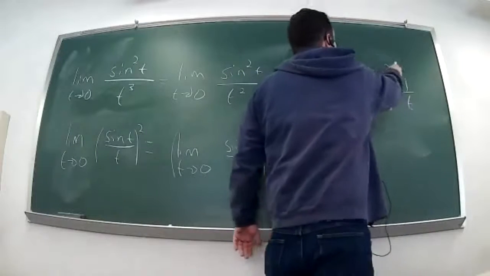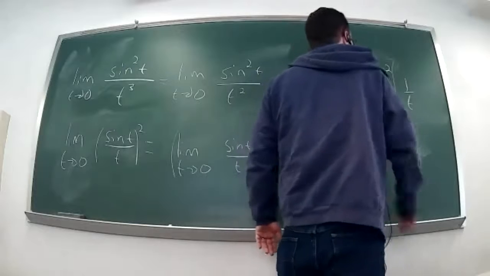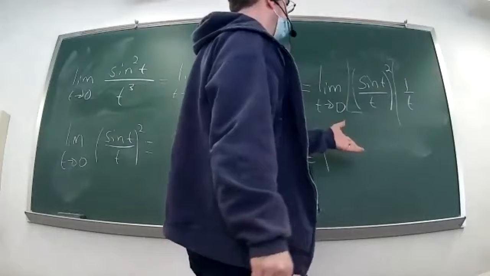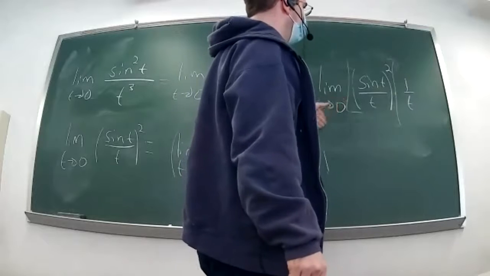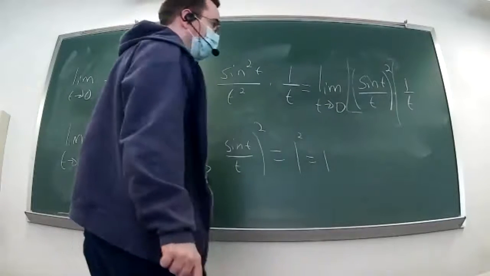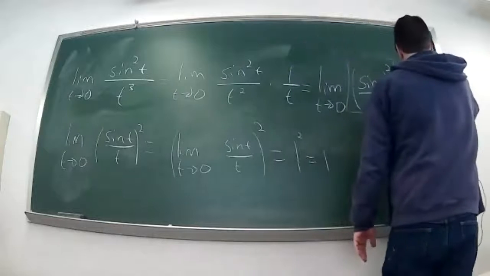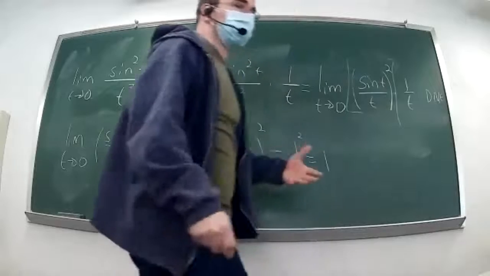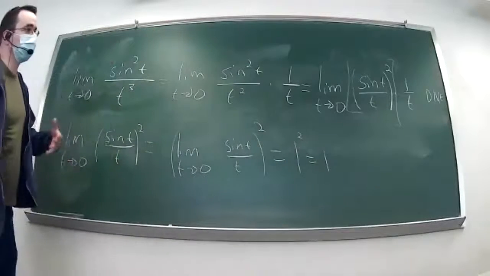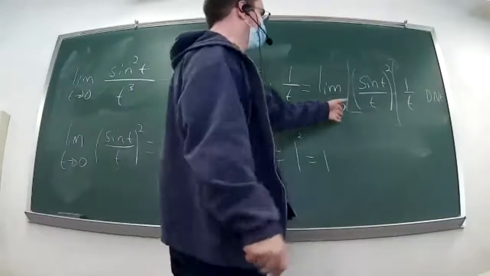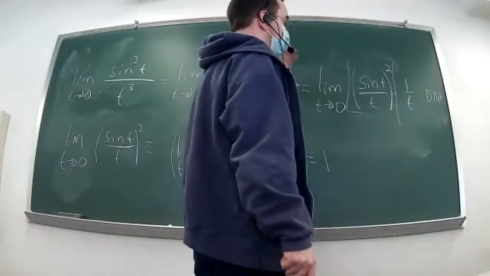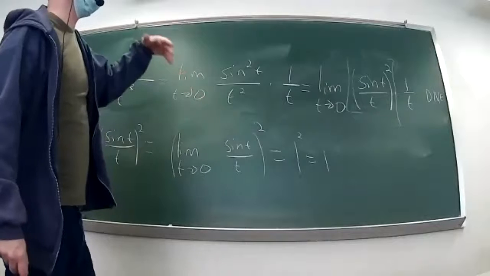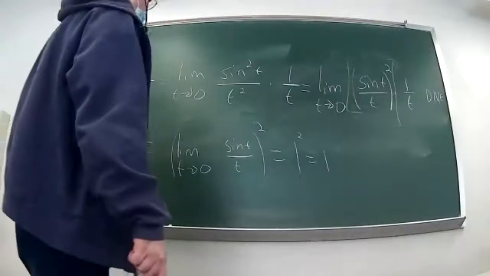So anyway, this part is going to 1, and this part is going to plus infinity if t is from the right, and negative infinity if t is from the left. So this limit does not exist. I wouldn't say that it goes to plus infinity. I wouldn't say that it goes to negative infinity, because depending on whether t is bigger than 0 or less than 0, it will cause the quantity to be positive or negative.